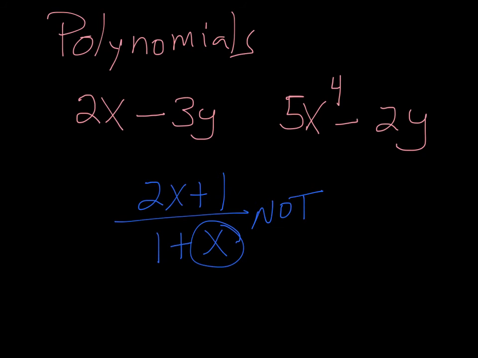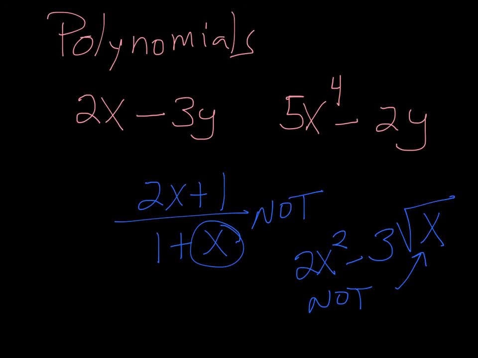And also, if I have a radical sign with a variable in it, like 2x squared minus 3 times the square root of x, because this x is in a radical sign, this is also not a polynomial.